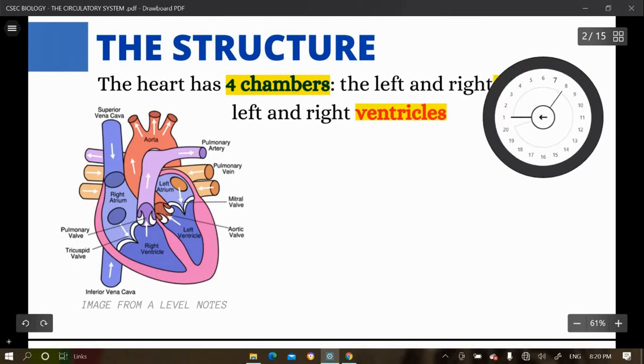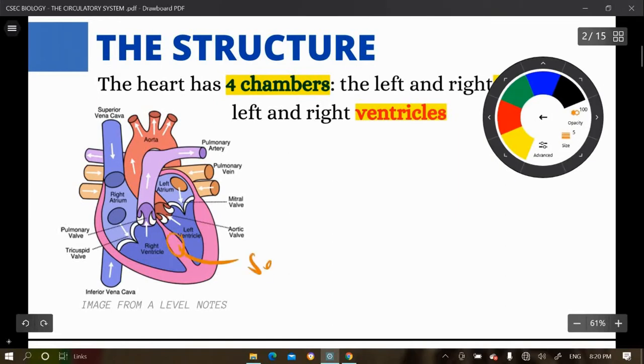But at your level you can just say the septum and you get your marks, right? I need to find a pen size that is suitable. I don't know why I didn't do this before I started recording, but I think that would work. Yeah, 5 here. So it's called the septum, all right?